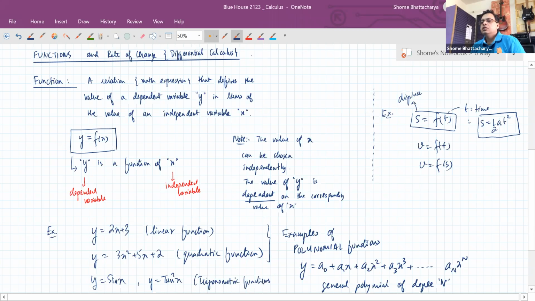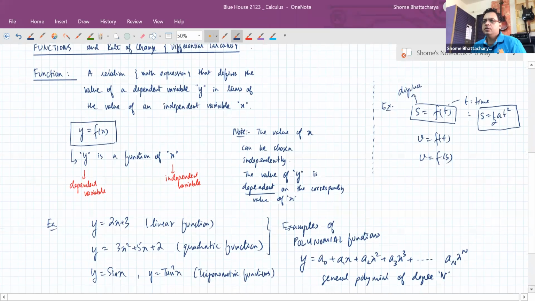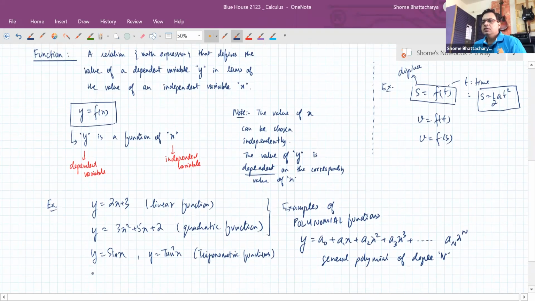Whereas when we talk about sine x, we will specifically say it's the sinusoidal function, or the sine function in short. Okay. So there's a lot of terminology as we go along, but don't get confused with all that. Okay. Then the exponential function is another example, e raised to the power x.